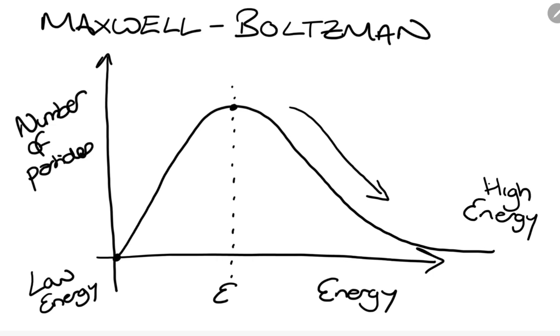And what this suggests then is that the higher in energy you go, the less likely it is to find a particle with that energy. Now, it's important to know as well that this axis and this curve will in theory never touch. It is statistically possible that you will always find one more molecule with slightly more energy than you just had.